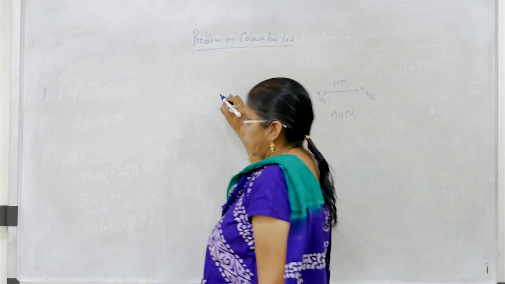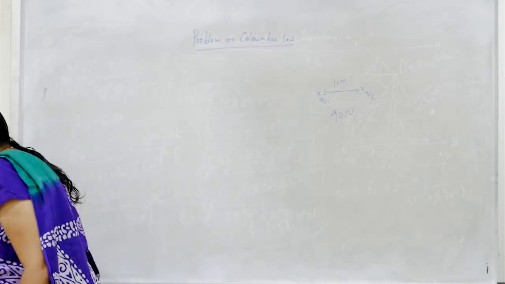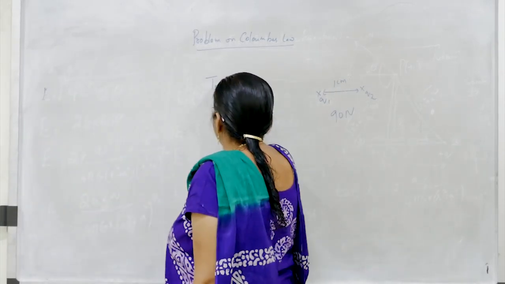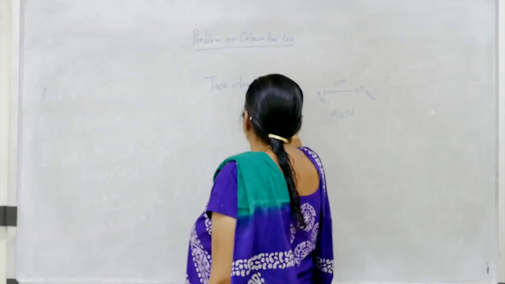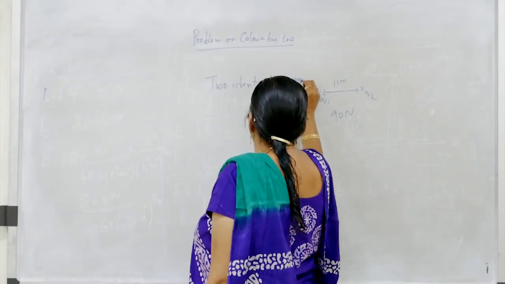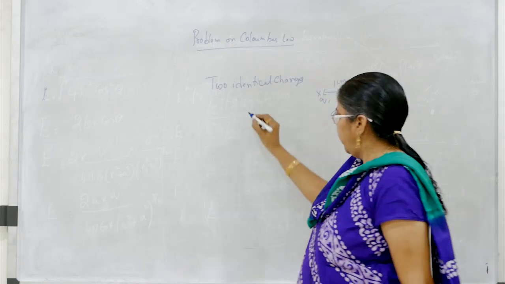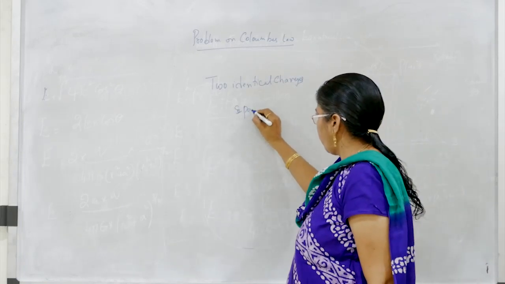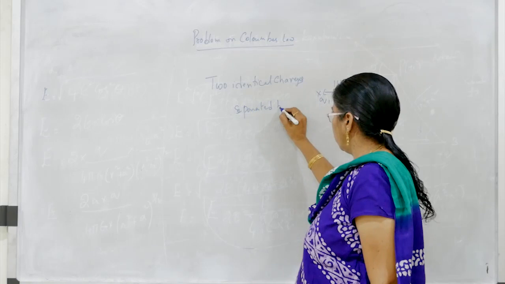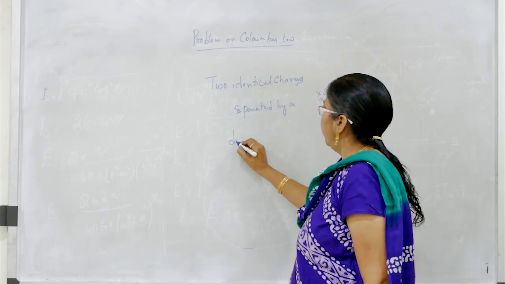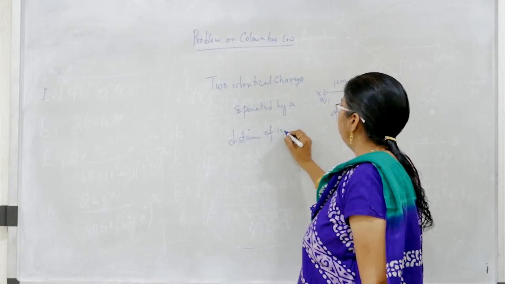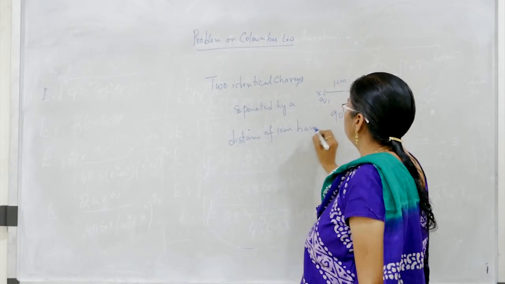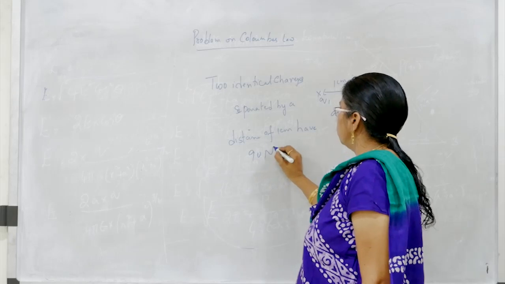So the problem is: two identical charges separated by a distance of 1 centimeter have 90 newtons force.